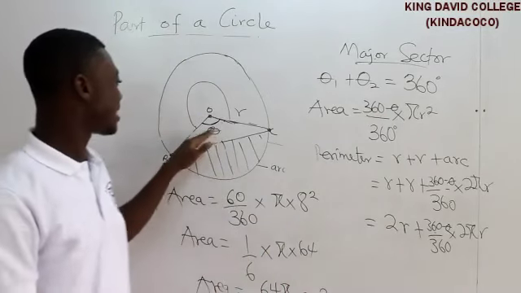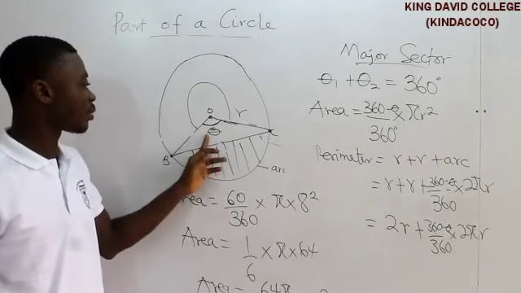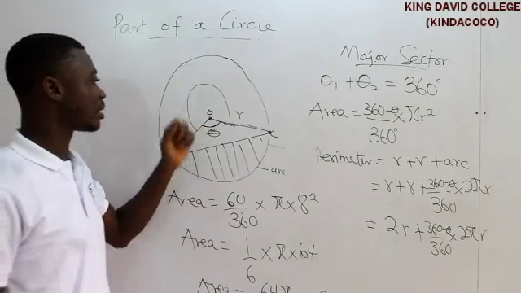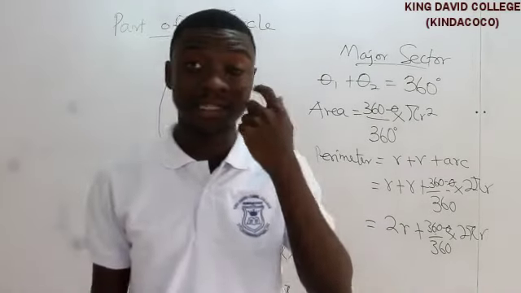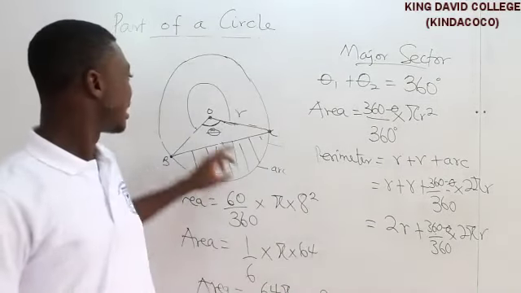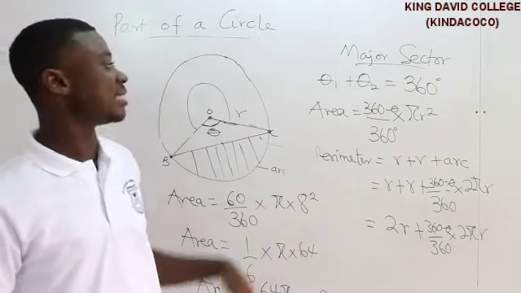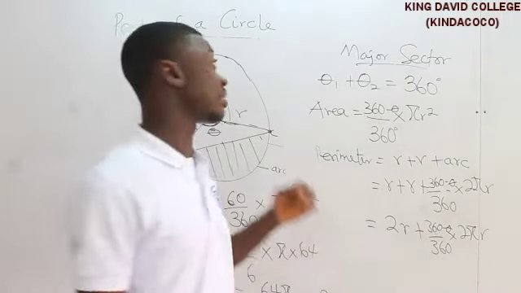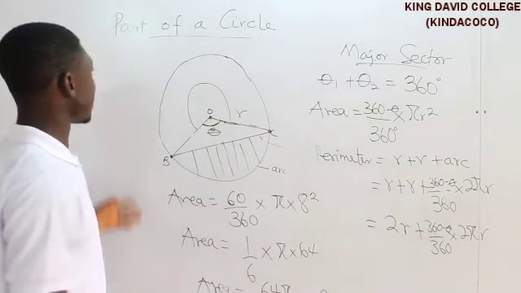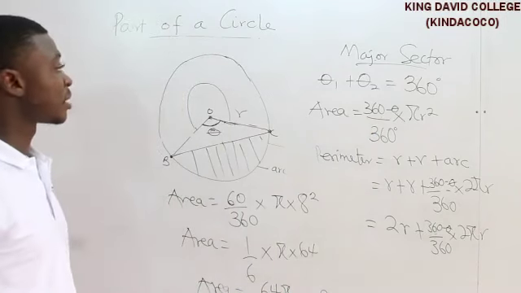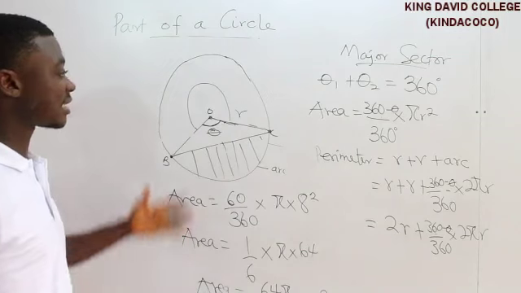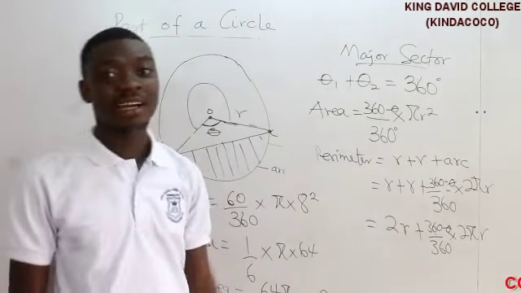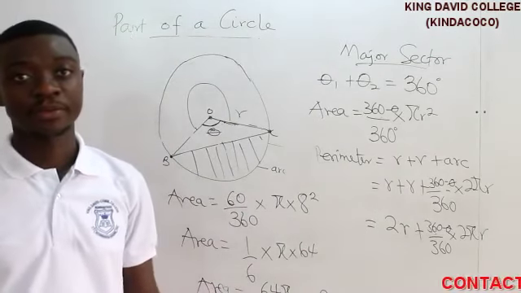So if here is 60, here will be 300. If here is 140, here is going to be 220. Just keep subtracting the smaller angle from 360 to get the angle for the bigger one, which is what we refer to as the major sector. So these are the parts of sectors, and these are what you need.